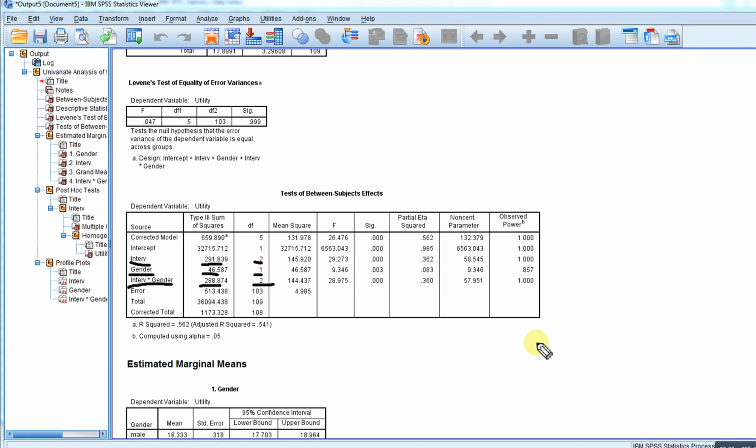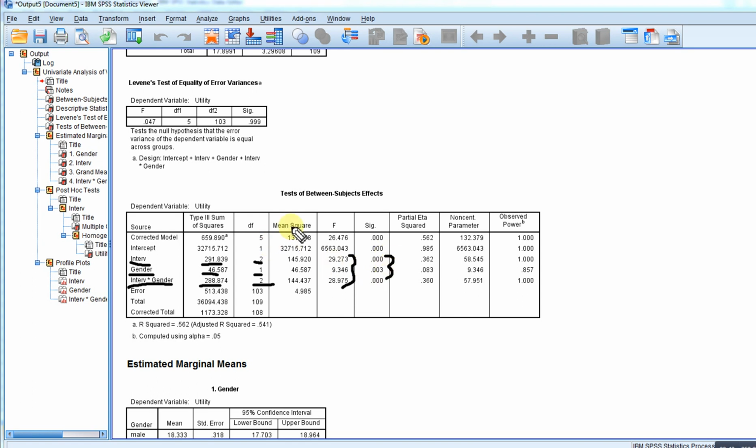So basically what we're trying to determine is which, if any of these, or all of them for that matter, are statistically significant. So we essentially are looking at the F-test for each of these effects.